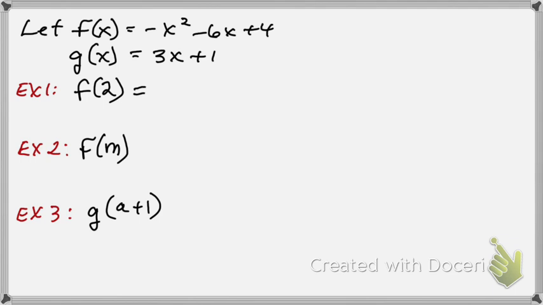So where x is 2, every place there's an x in my original function, I'm going to put a 2. Notice the negative sign goes outside the parentheses there.